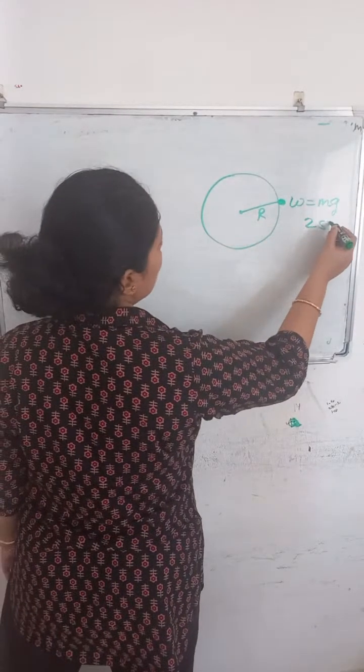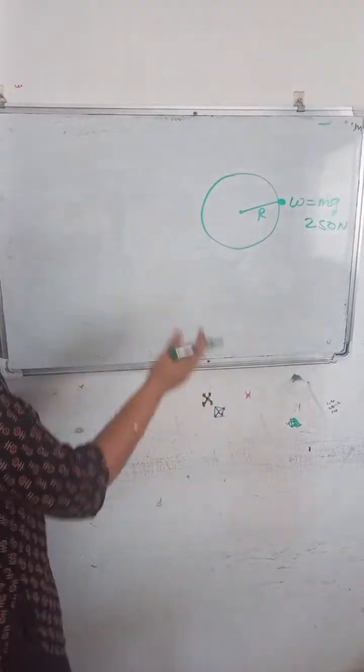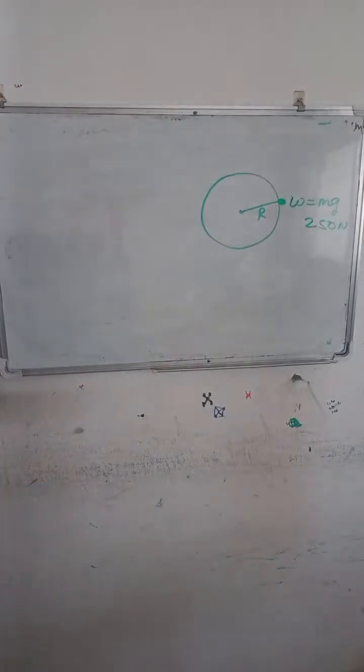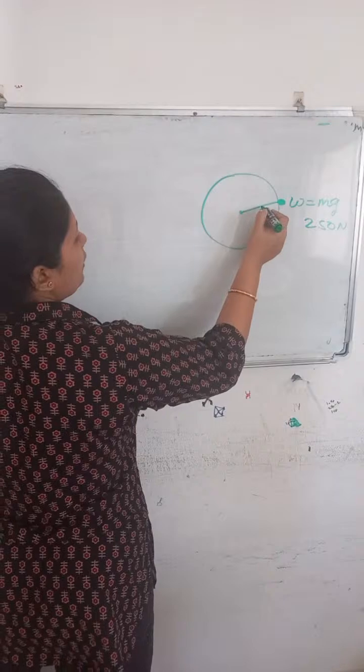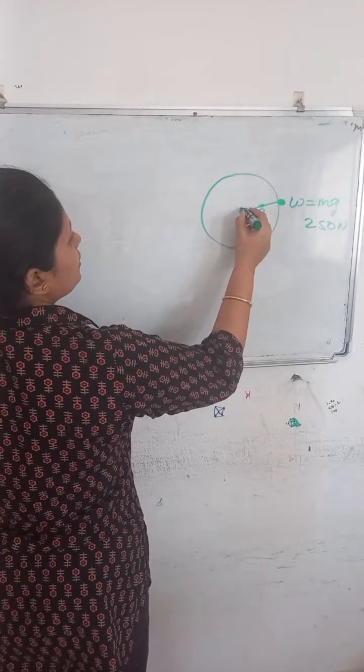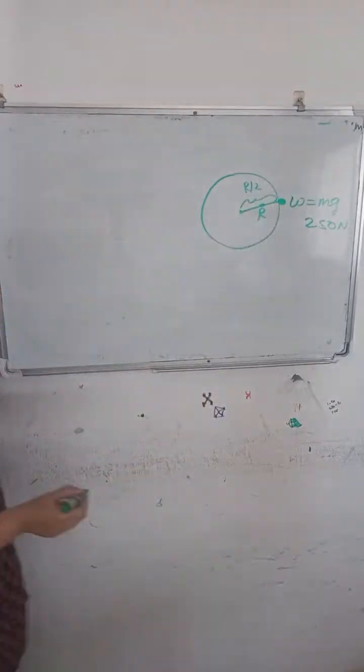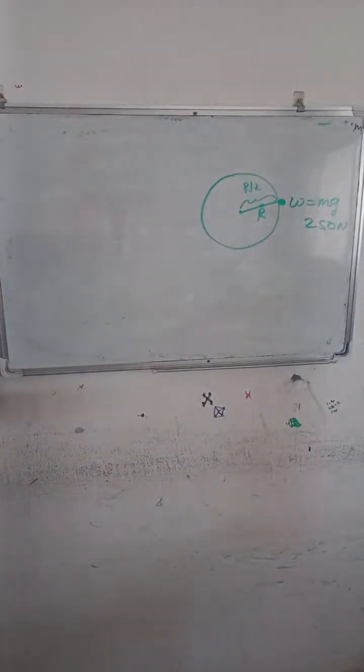As this sphere has uniform mass density, they bring the body to half the radius of the earth, that is R by 2, exactly the mid of the radius, because they are saying halfway down to the center of the earth.